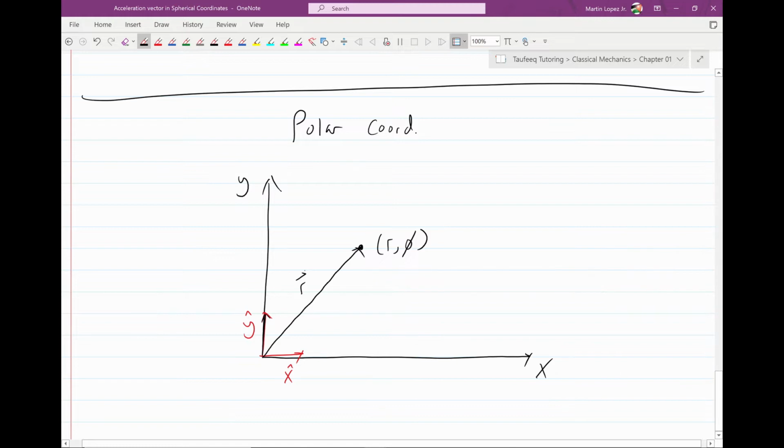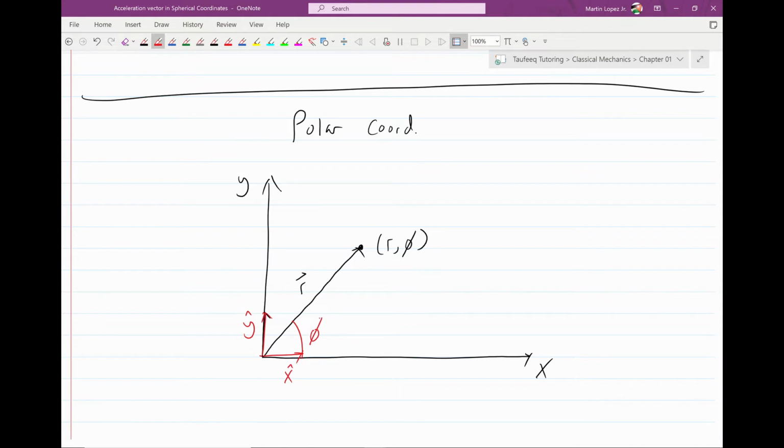All right. And what are these two new variables? Well, r is the magnitude or the length of this vector. So that is going to be just the length of the yellow there, right? And phi is going to be this angle, the angle from the vector to the x-axis.